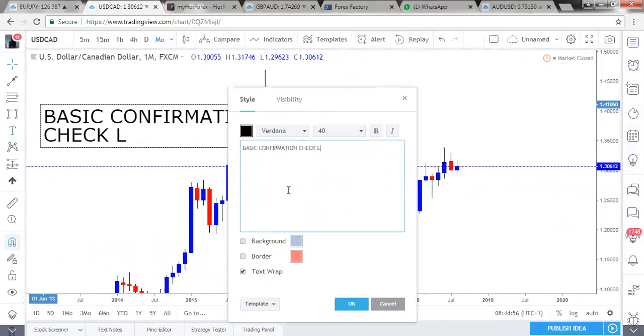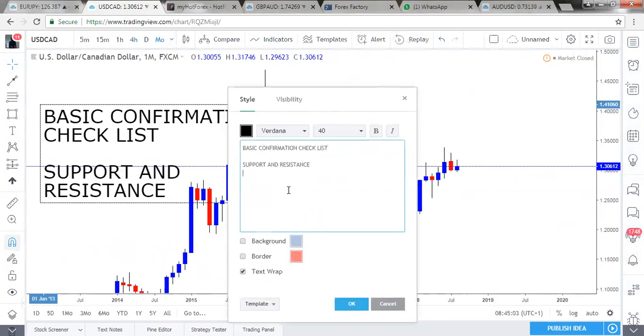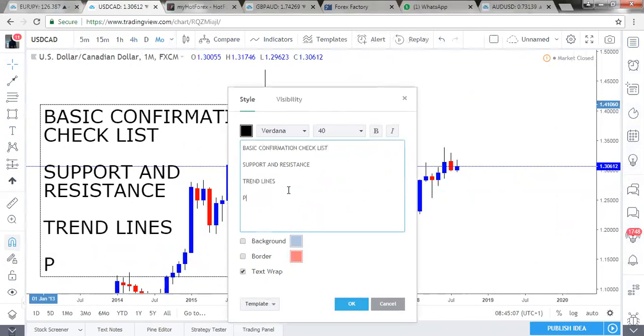Basic confirmation checklist. You have the support and resistance. You have the trend lines. You have the pullbacks. You have the major reversal zone, also known as price reversal zone, PRC.